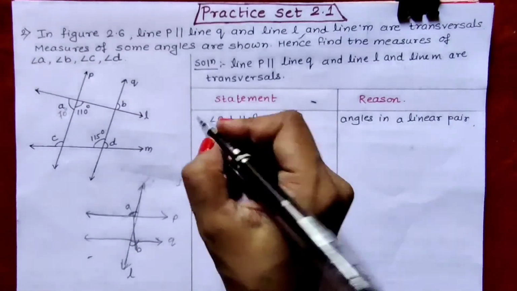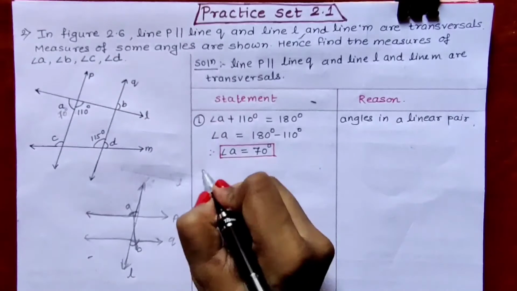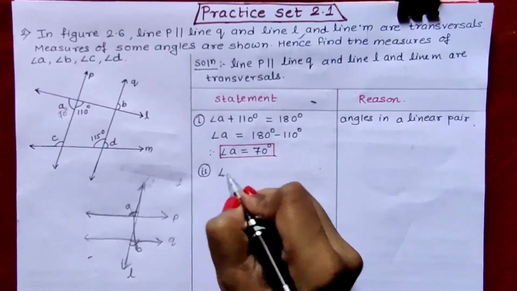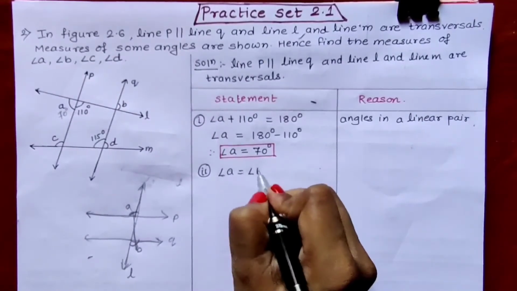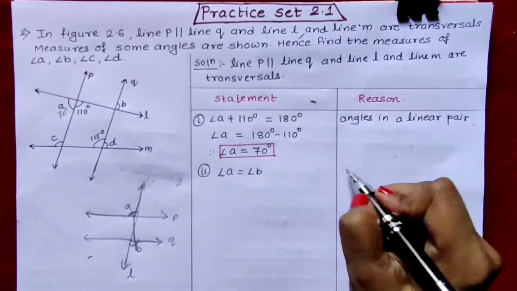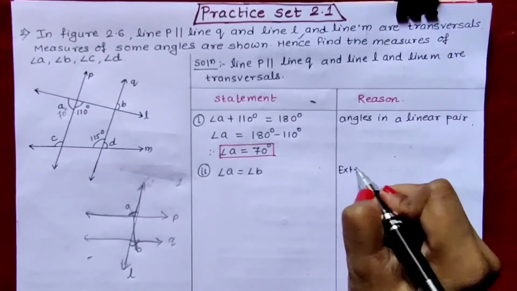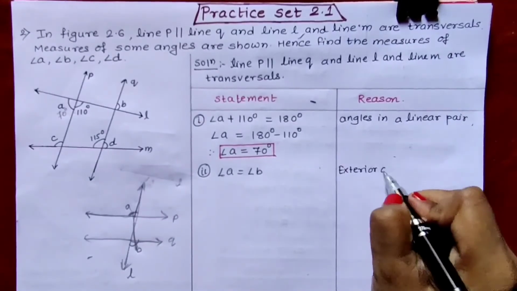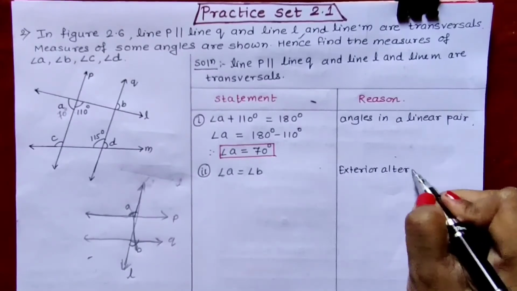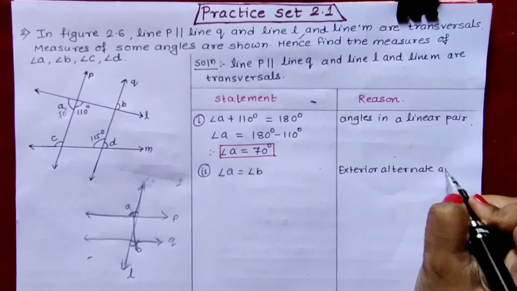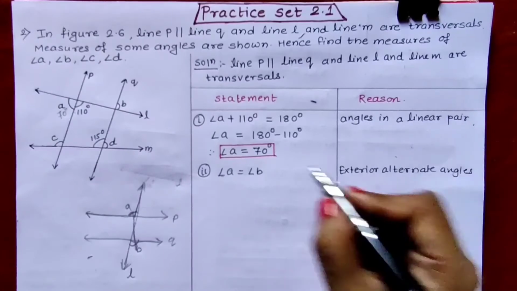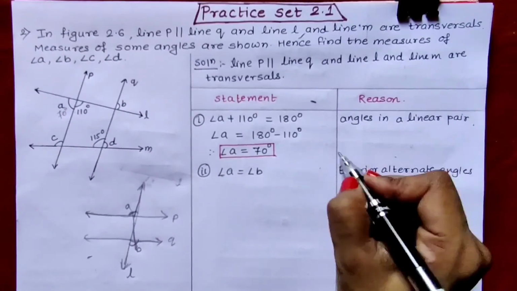So I will be writing here, this is first one, here second one, angle A is congruent with angle B, or A is equal to B, because they are exterior alternate angles. Here we have proved that angle A is equal to 70 degree.